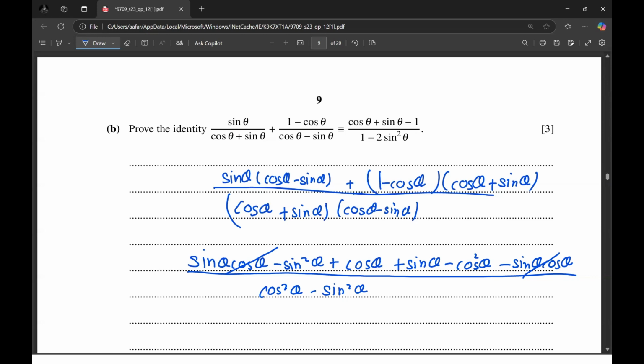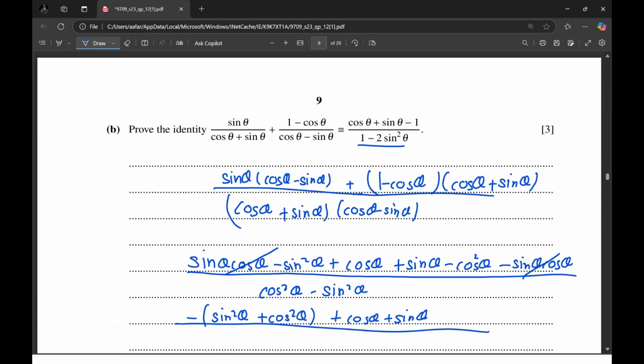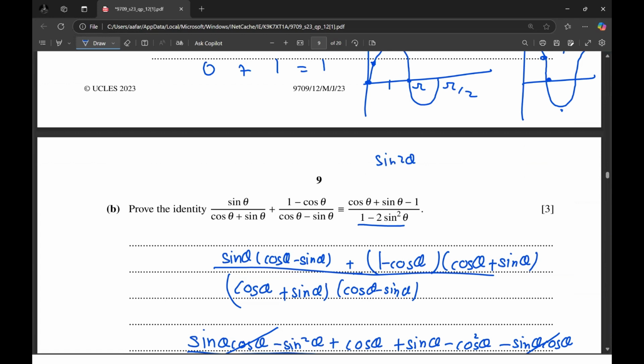So if you remember the identity which we use, if we take minus 1 common, we get sin square theta plus cos square theta, right? Then we add the other remaining terms which are cos theta plus sin theta. And in the denominator, it's asking for 1 minus 2 sin square theta. Since sin square theta plus cos square theta equals 1, cos square theta becomes 1 minus sin square theta.